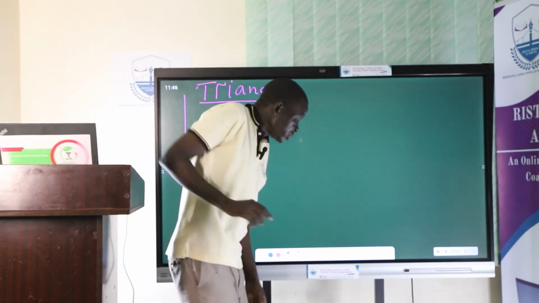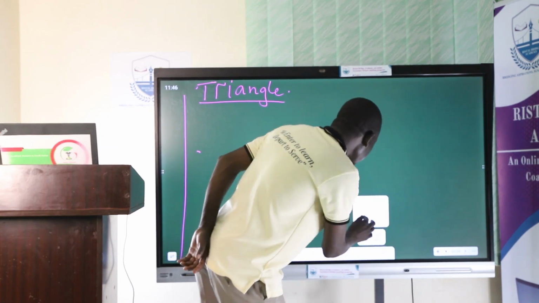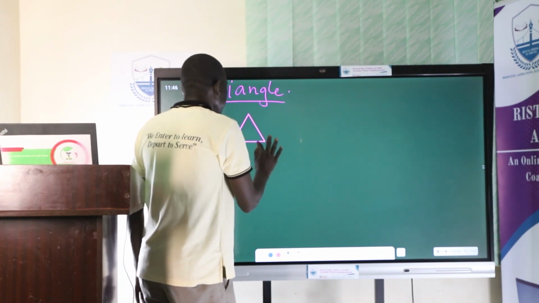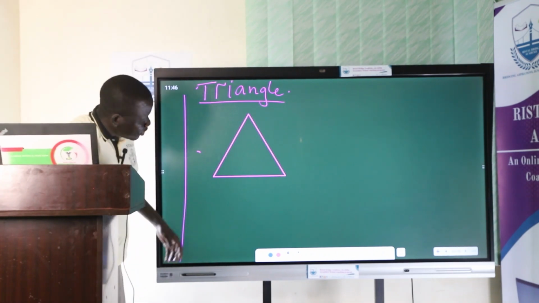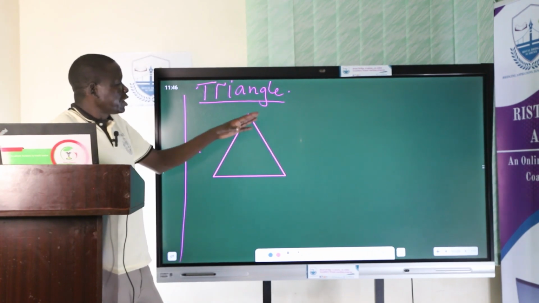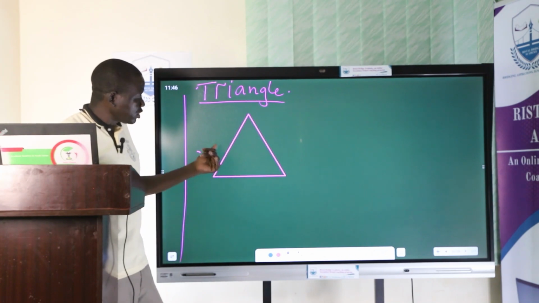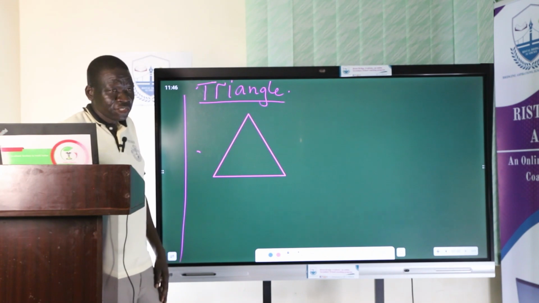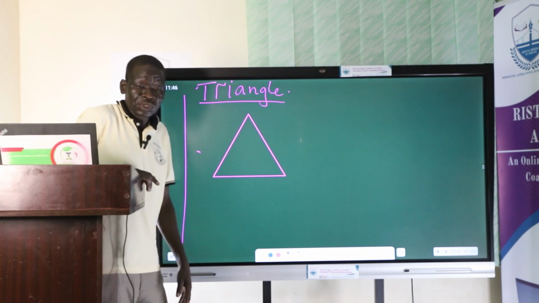And this is how a triangle looks like. It's a figure with 3 sides. So, to find the perimeter of a triangle, we have to add this side plus this side plus this side. Since there are 3 sides, we add the 3 sides. What we get is what we call the perimeter.